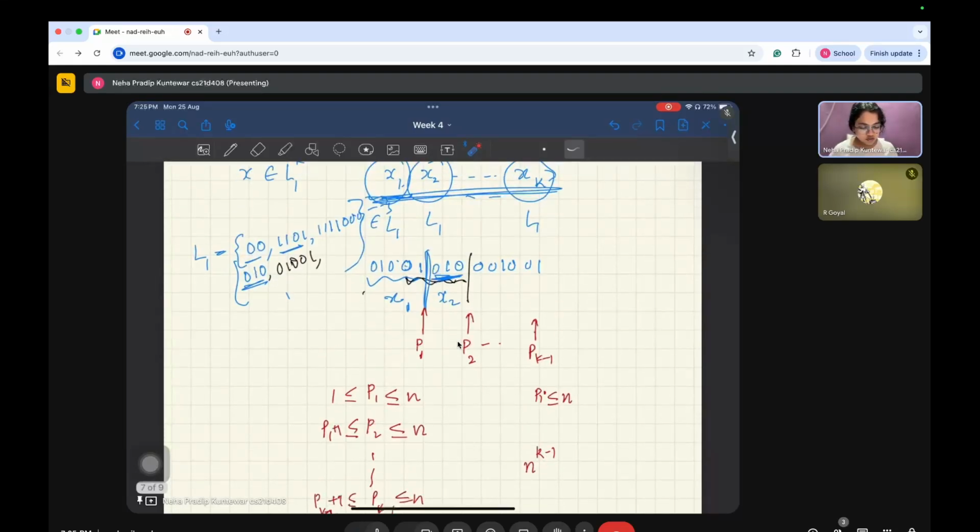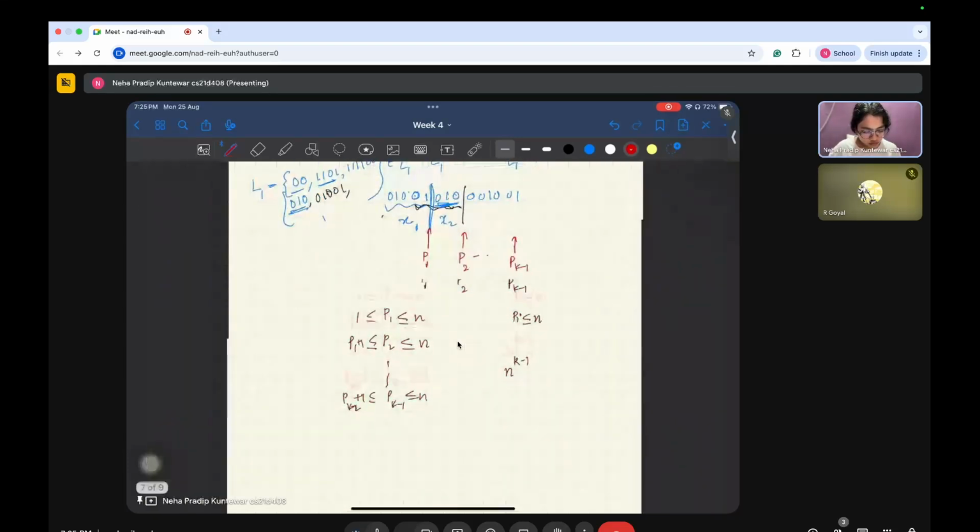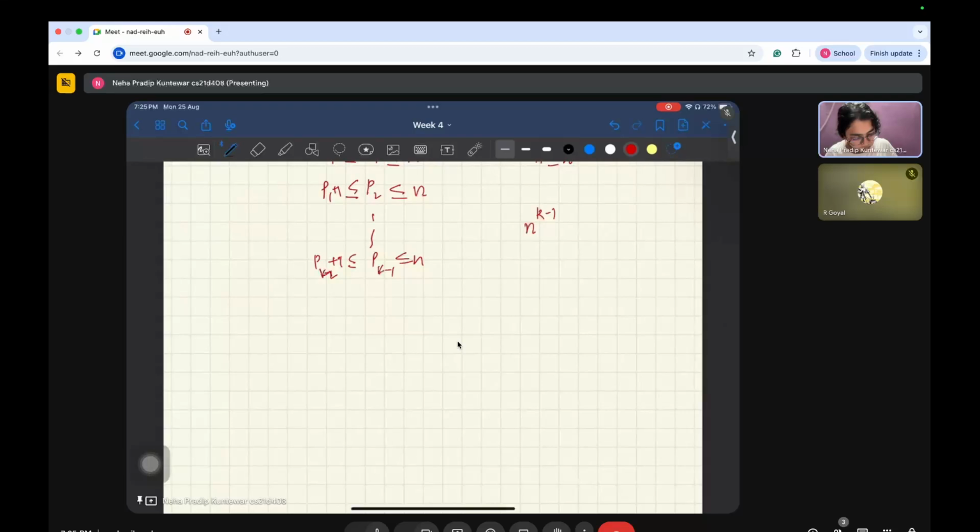Because you have only polynomially many partitions to go across, we will reuse that space again and again and check for each partition whether that works. So I'll just quickly write the steps.